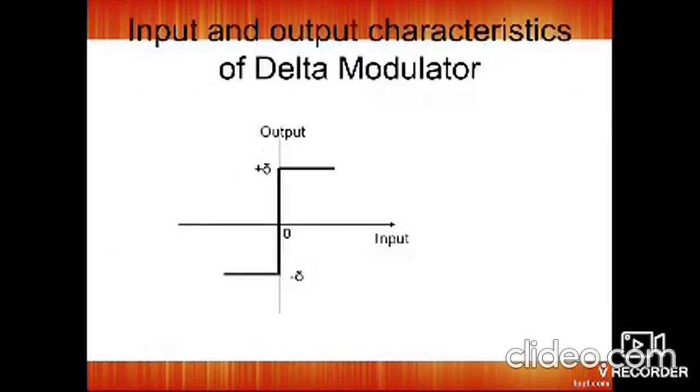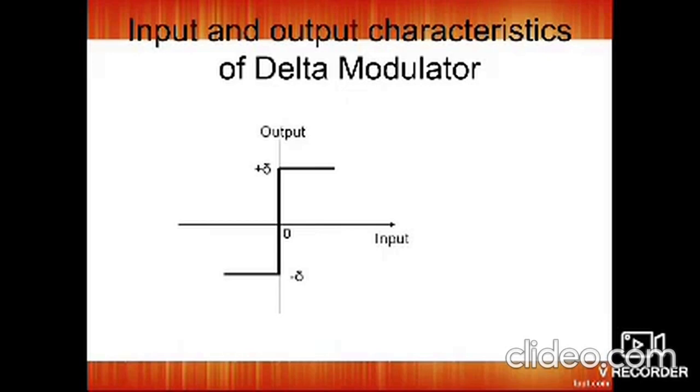If the difference is positive, then the approximated signal is increased by 1 step, plus delta. If the difference is negative, then the approximated signal is reduced by minus delta. When the step is reduced, 0 is transmitted, and if the step is increased, 1 is transmitted.